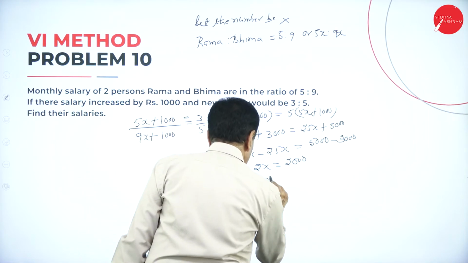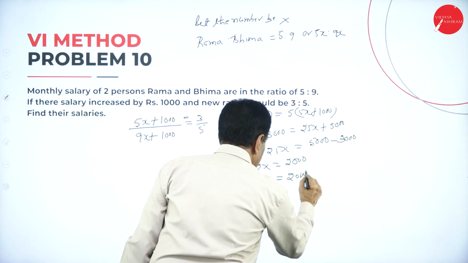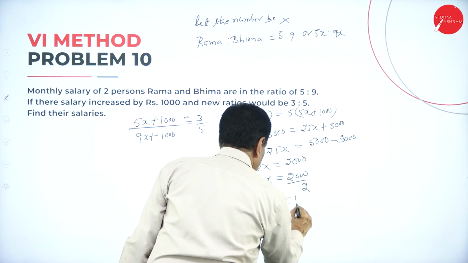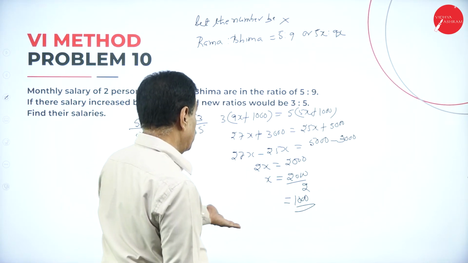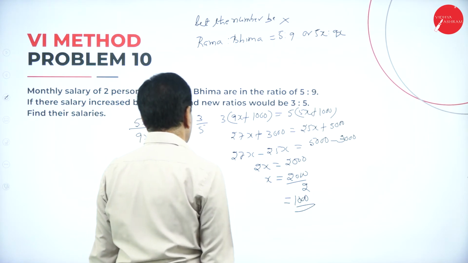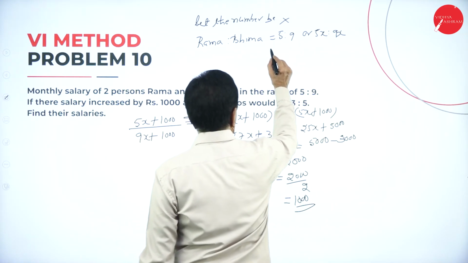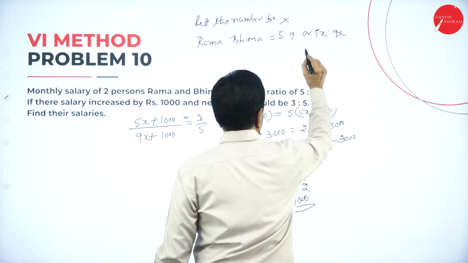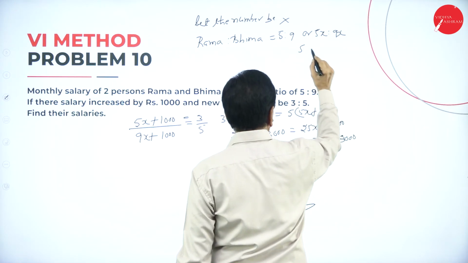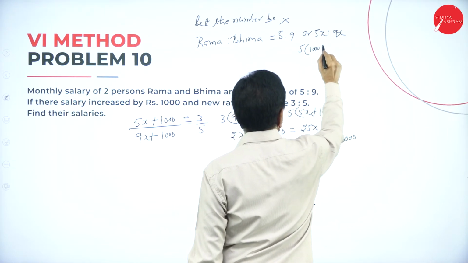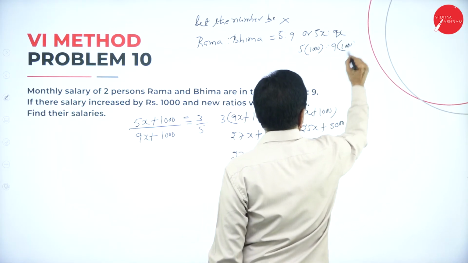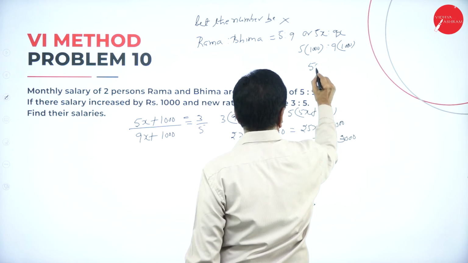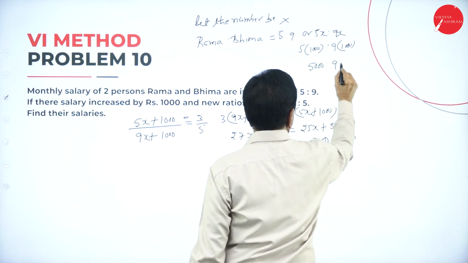So x is equal to 2,000 divided by 2, which is 1,000. They are in the ratio of 5x, 9x. 5 into the x value, 1,000. 9 into the x value, 1,000. This is 5,000 is to 9,000.